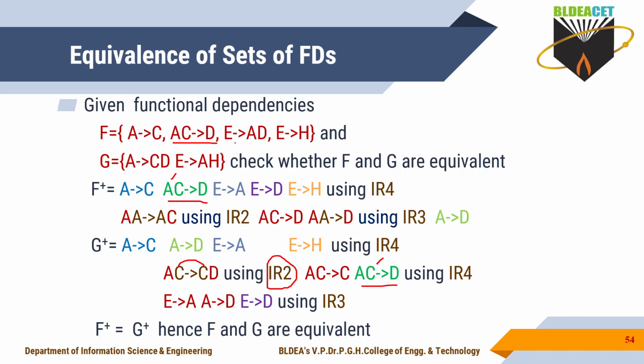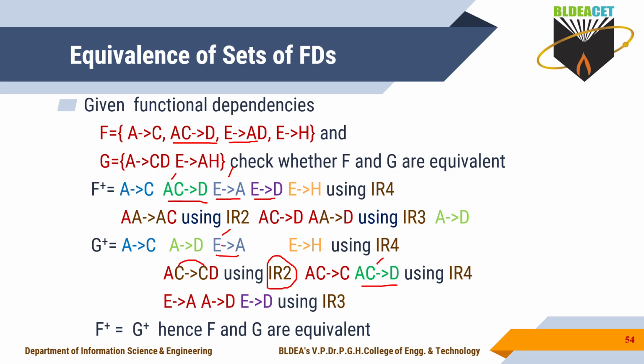In the same way, here they gave E determines AD, but in G they gave E determines AH. Then my aim is this: E determines A is available here also, and E determines A is available here also. I need to check whether E determines D is there or not. E determines D is not available.